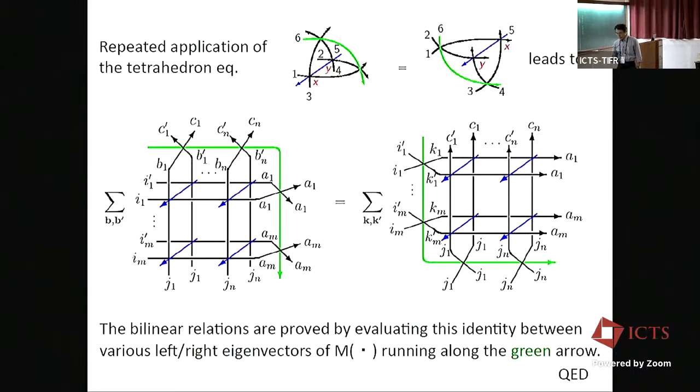I have to emphasize that this line of argument is done without relying on the Ferrari-Martin algorithm. We just constructed the corner transfer matrix, like the three-dimensional layer transfer matrix, and we were able to prove the commutativity relation using a single local relation, which is the tetrahedron equation. That means we have connected everything.